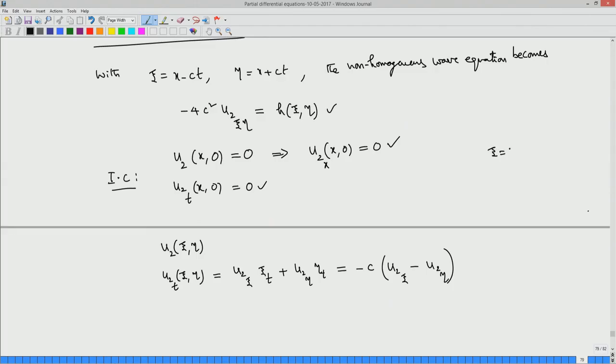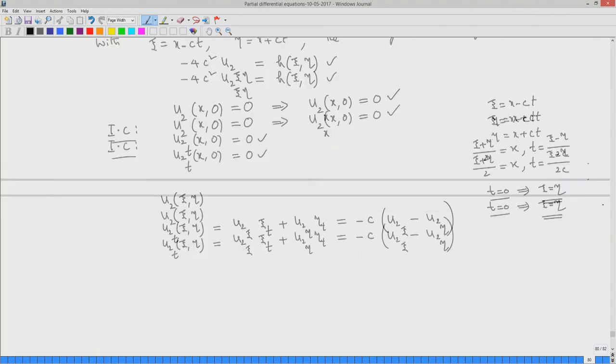Xi is x minus ct, eta is x plus ct. So, x is xi plus eta by 2, t is eta minus xi by 2c. So, t equal to 0 means xi equal to eta. That is what you have to find out.